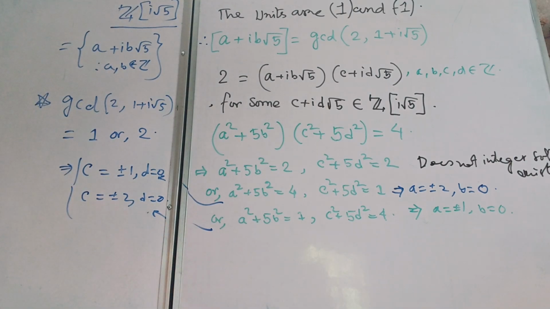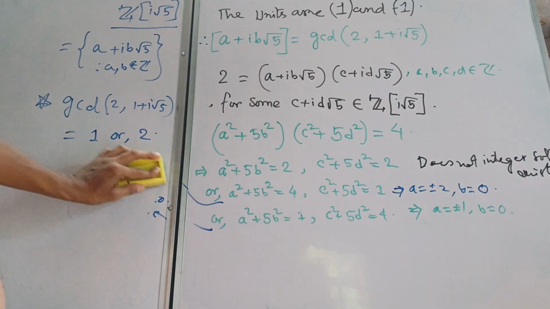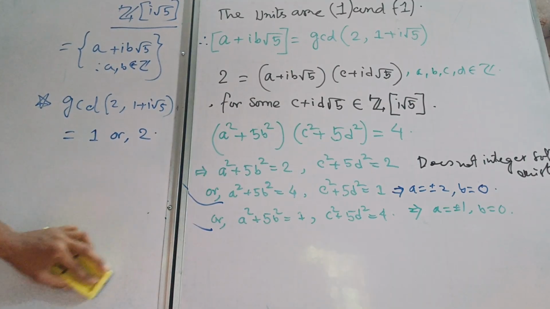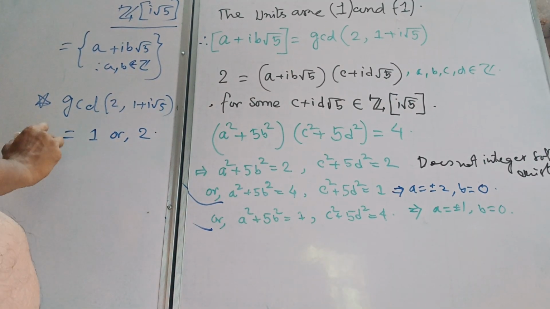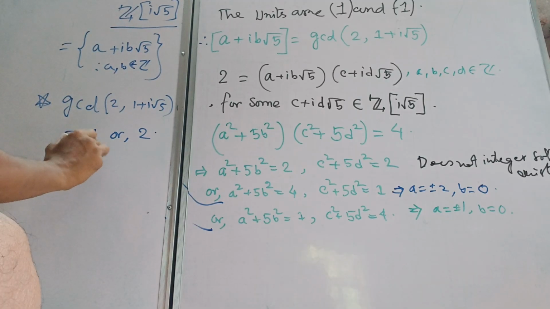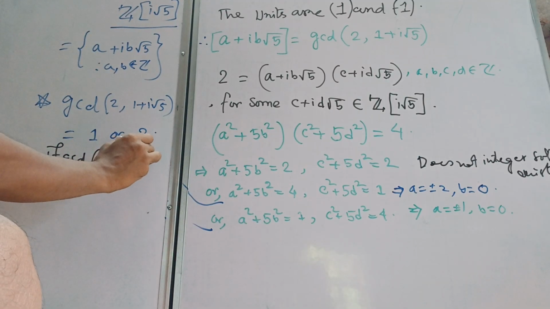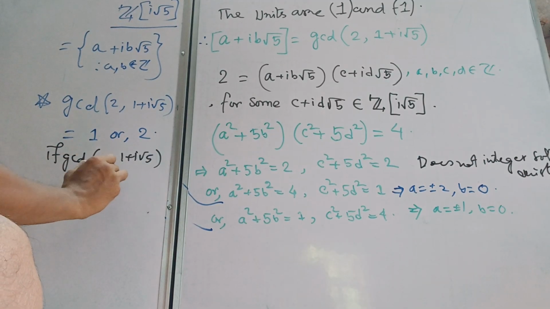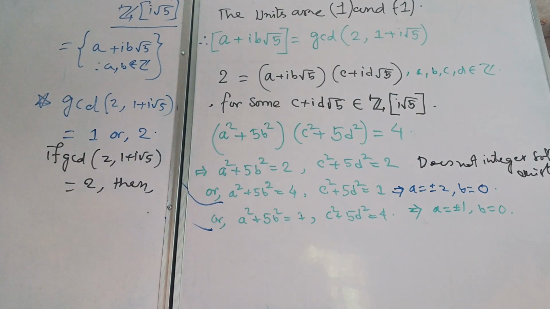So we now discuss this: 1 or 2. If the GCD of 2 and 1 plus i root 5 equals 2, then 2 divides 1 plus i root 5.